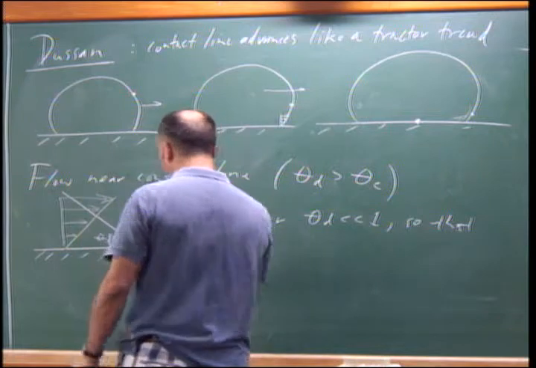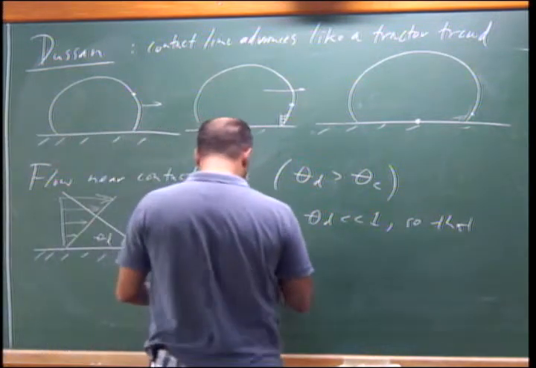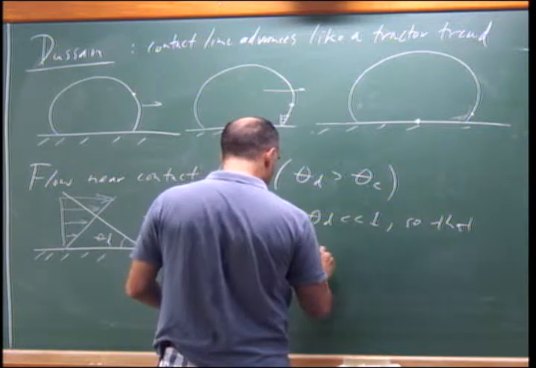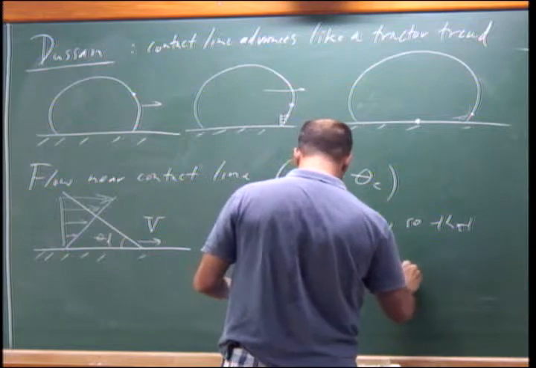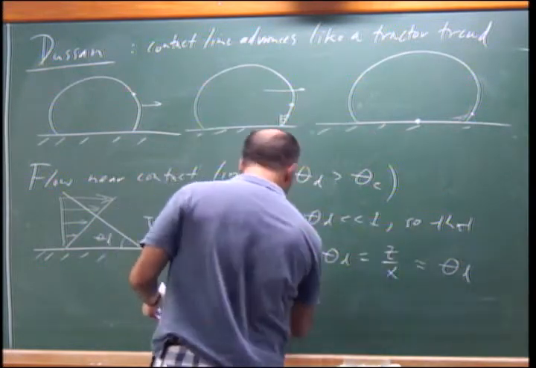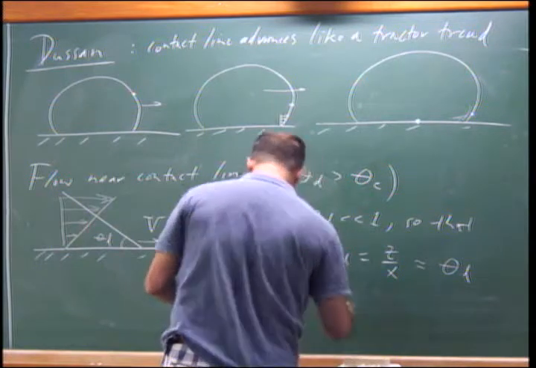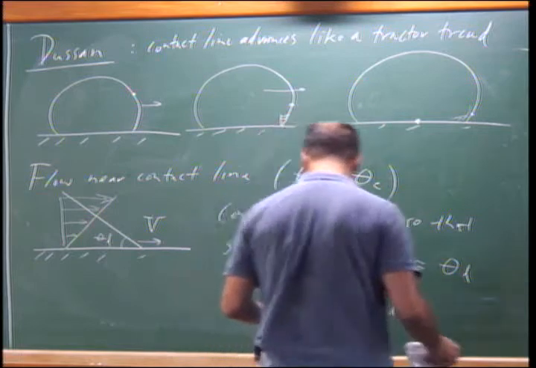If we consider the case where this angle is small, then we can write the slope as approximately the angle, so we can write z equals theta x.